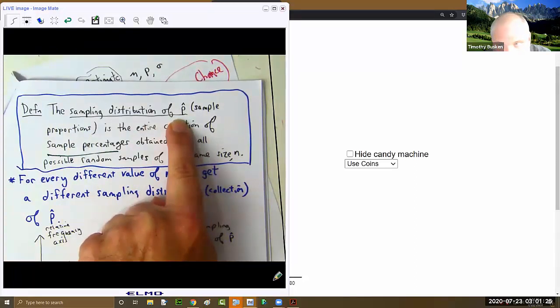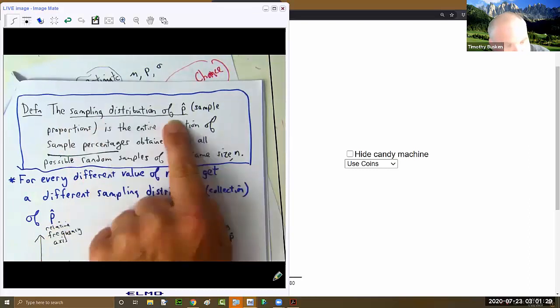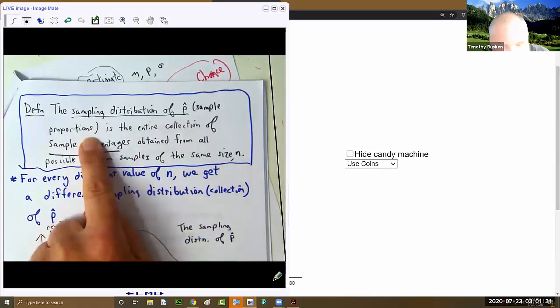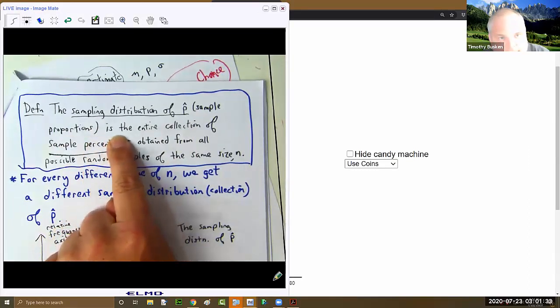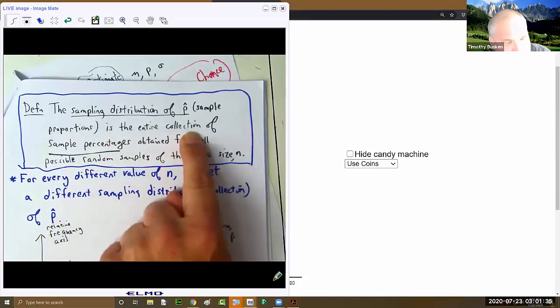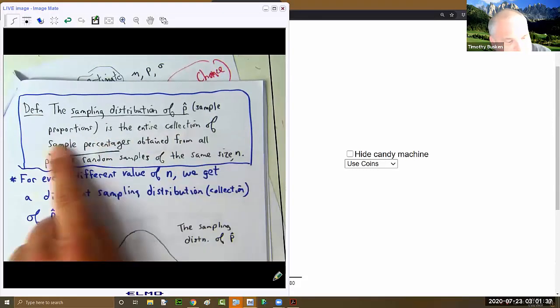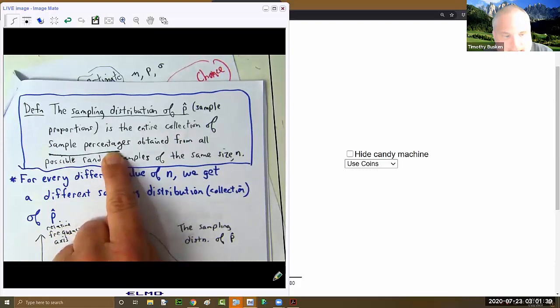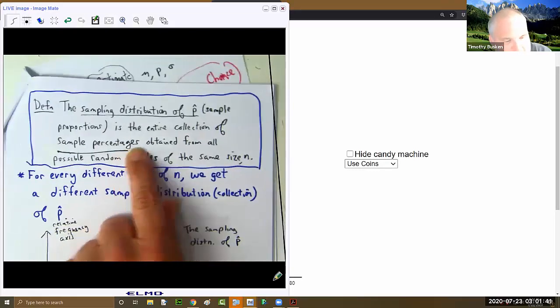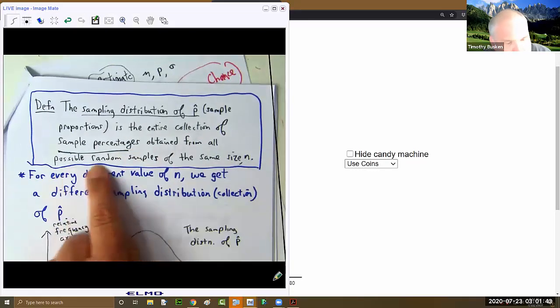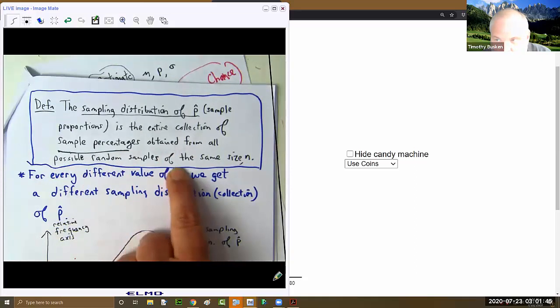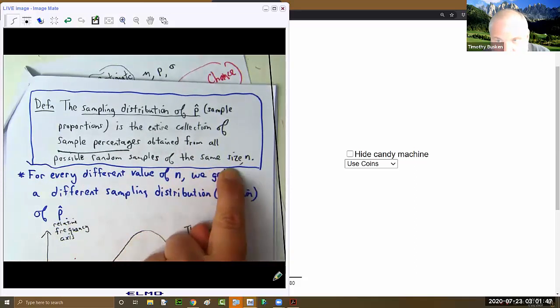The long way of saying this is the sampling distribution of sample proportions is a list. It's the entire list or collection of sample percentages, values of p hat, that are obtained from all possible random samples of the same size n. In the example I'm showing you, n is 25.